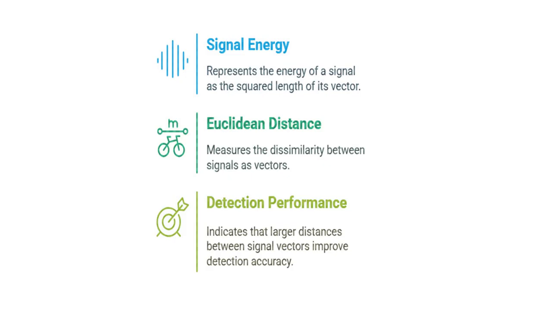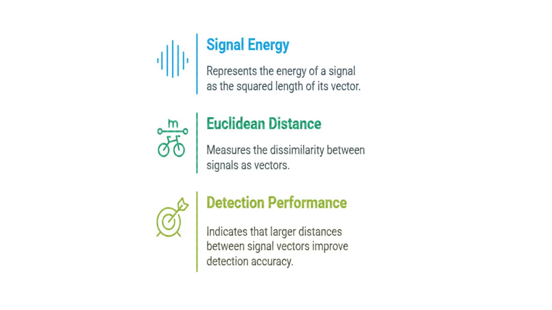Here we can say that the Euclidean distance measures the dissimilarity between the signals and the vectors. And regarding the relationship between the Euclidean distance and the detection performance, we can say that larger Euclidean distances between the signal vectors lead to lower probabilities of error in the detection.